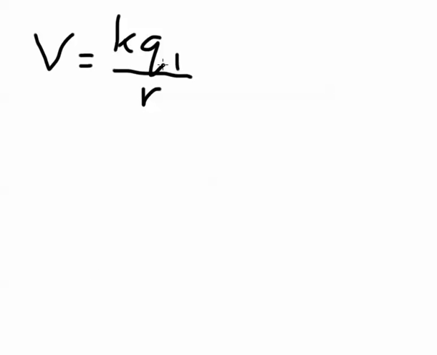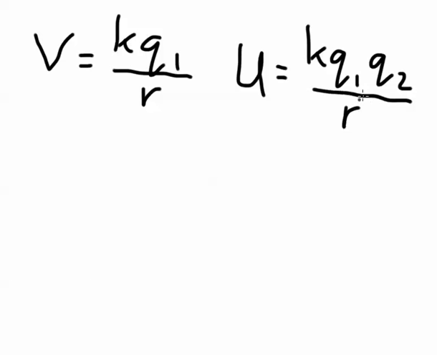So now we know a bunch of equations. We know the height of the hill is V equals k q1 over r. And we know that if we roll a ball up the hill, then its energy is k q1 q2 over r. So q2 is the charge of the thing that we push up the hill. And it's like the mass of the ball that we roll up the hill, but in this case the hill is just the electric field produced by a charge, but it's the same idea.